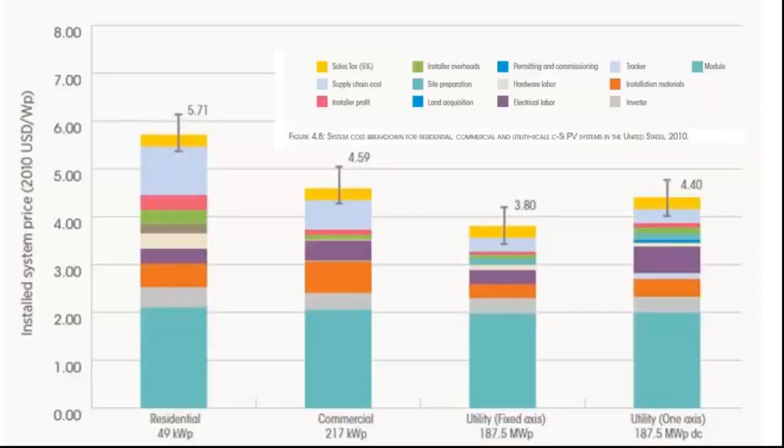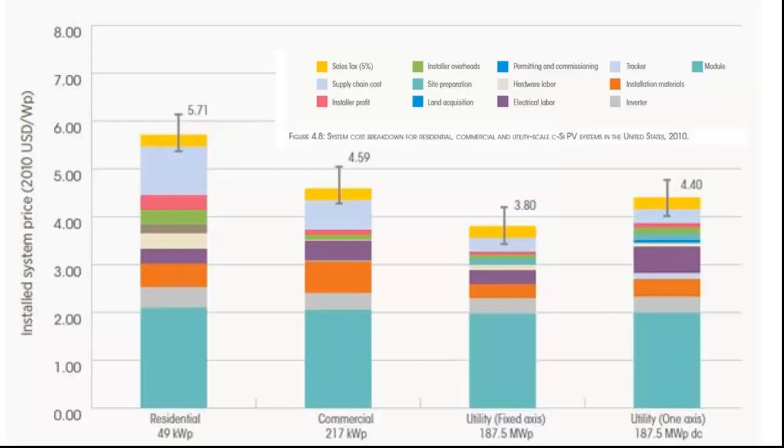To understand the effects of economies of scale, we can consider residential scale projects, which cost almost 30% more compared to single-axis utility scale projects between the years of 2010 to 2011. In the table shown here, we can see that in 2010, residential projects had an installed cost of around $5.72 per peak watt.